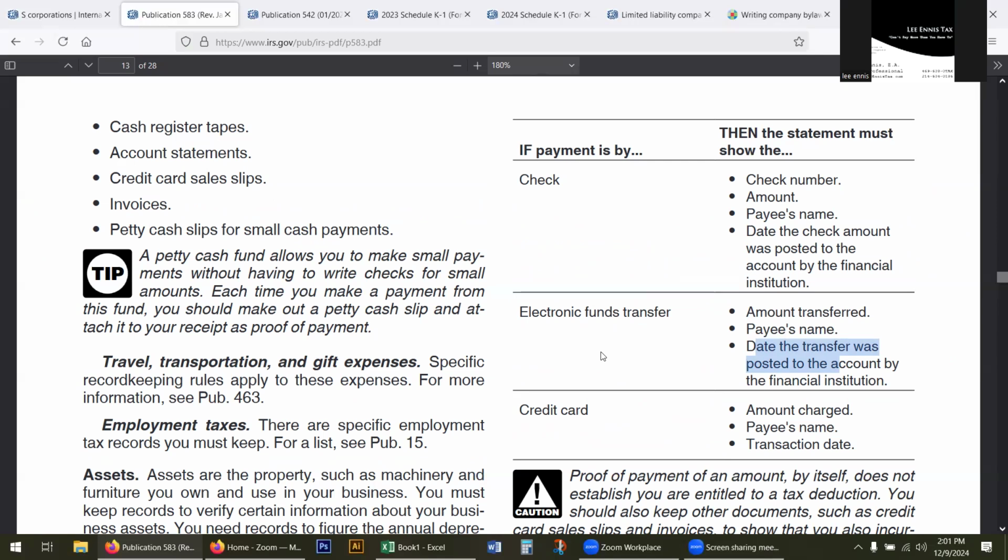Now, this is really important. And if you notice here, what you don't see is, I don't even know the technical term for it, but when you talk about Cash App, when you talk about Zelle, when you talk about Venmo and these sorts of things, these are electronic funds transfers, right? The problem becomes Venmo, Cash App, and those do not list a payee's name. Usually, it's going to be a user, right?